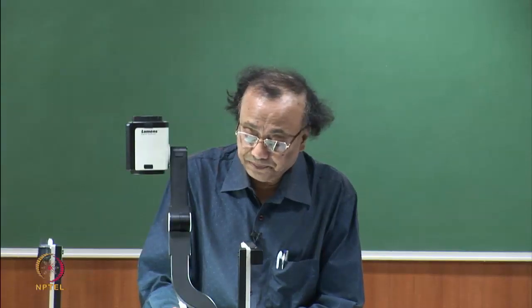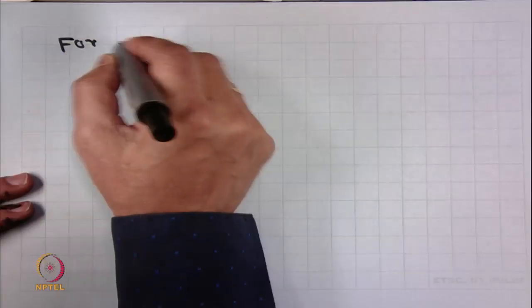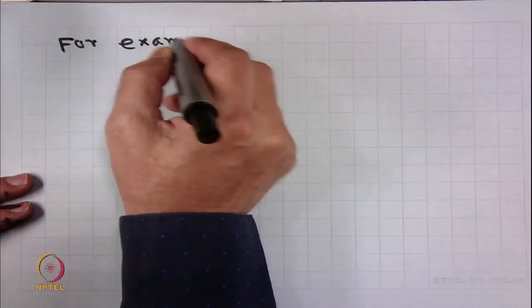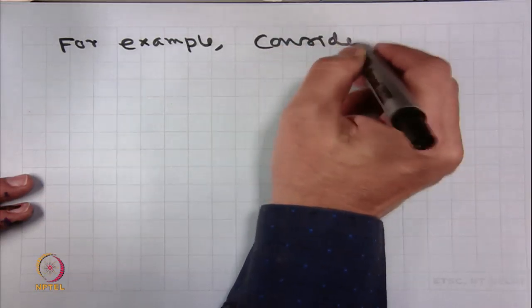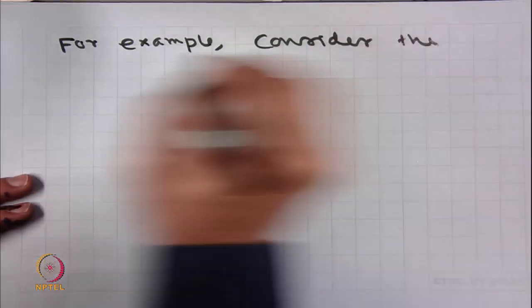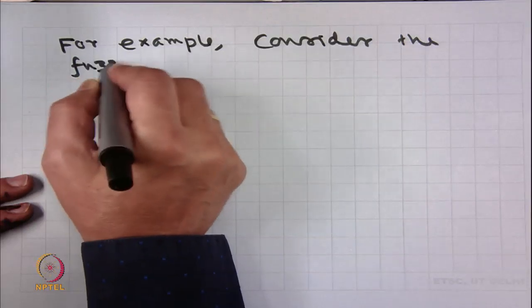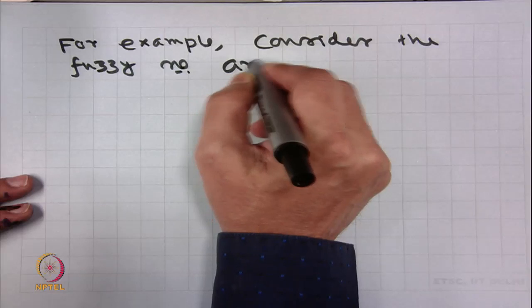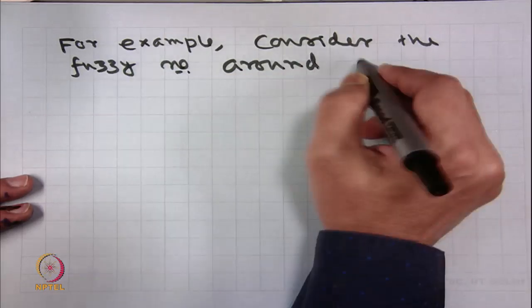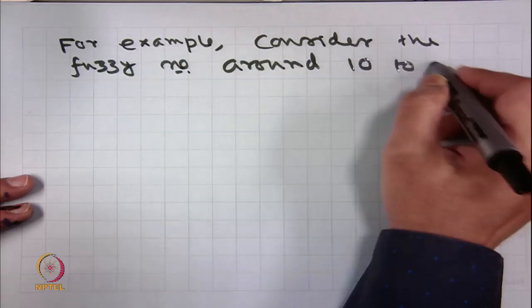For example, consider the fuzzy number, say around 10 to 12.